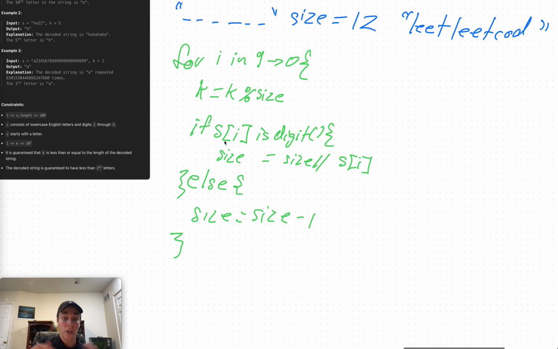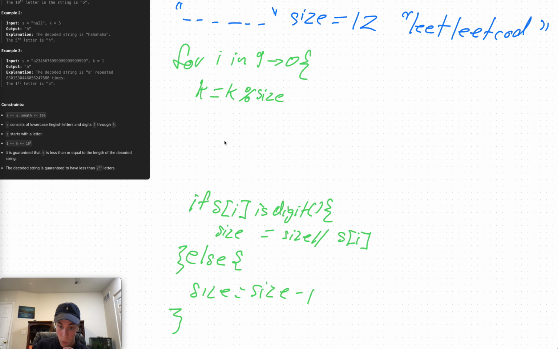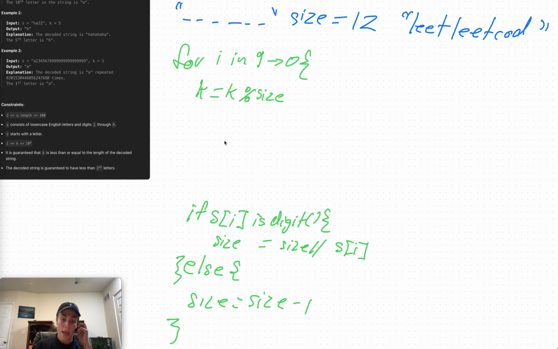I have described how I'm going to modify size based on what is in the directions input string, but I haven't fully explained what happens when we hit the kth letter from this side.